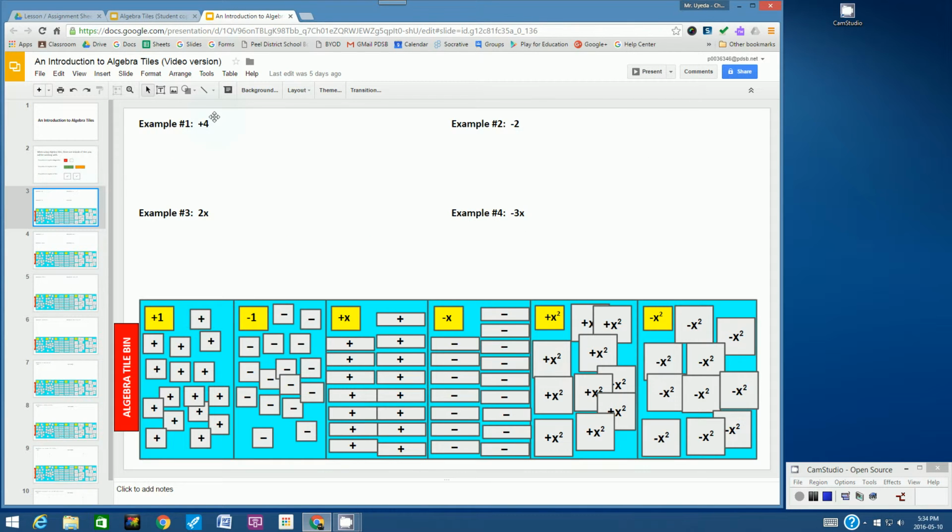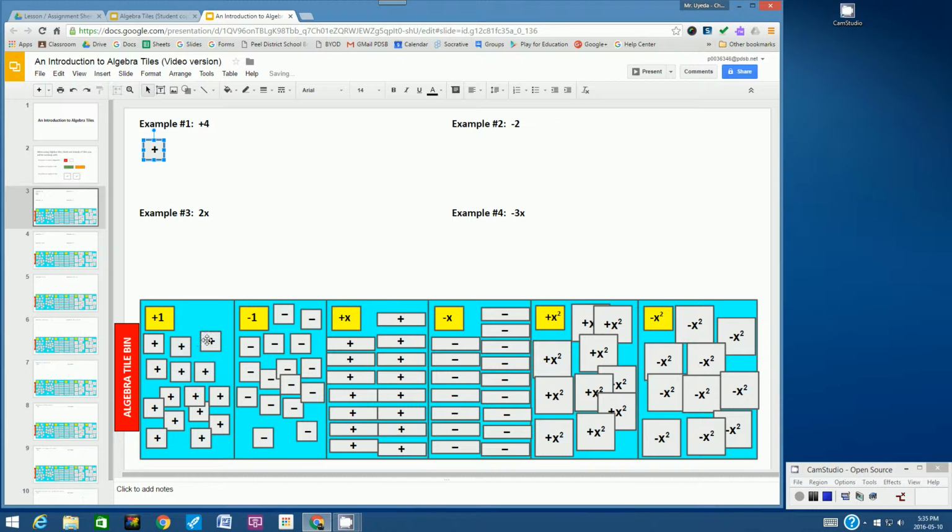So example 1, we can do from our study of integers. We have a positive 4. If we look at the algebra tile bin here, we have the 6 kinds of tiles: positive 1s, negative 1s, positive x's, negative x's, positive x squareds, and negative x squareds. To represent positive 4, this is an expression, we bring over 4 positive tiles.